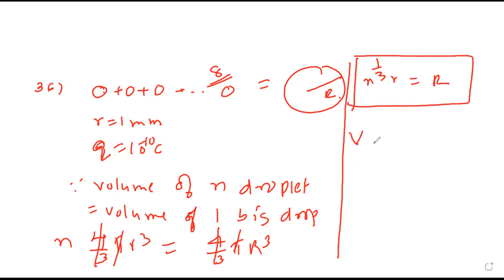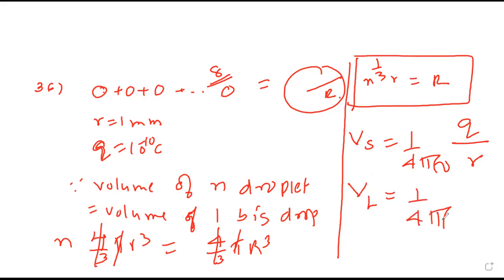Now the potential of a smaller drop is 1 upon 4 pi epsilon, q on one small drop upon its radius. And on the larger drop, it is 1 upon 4 pi epsilon, total charge q upon capital R. Copy this much.